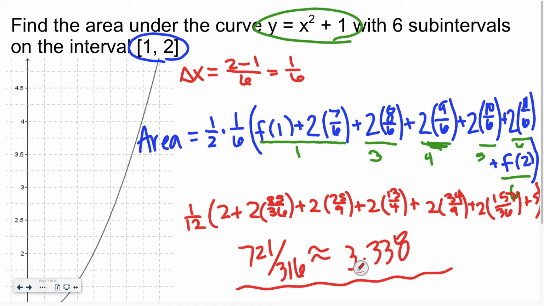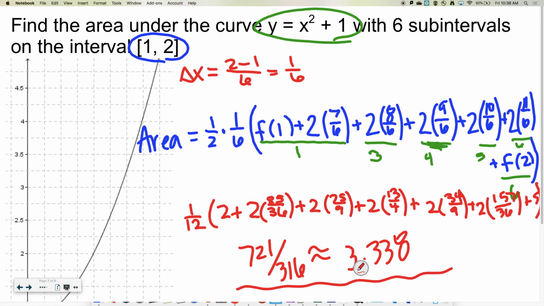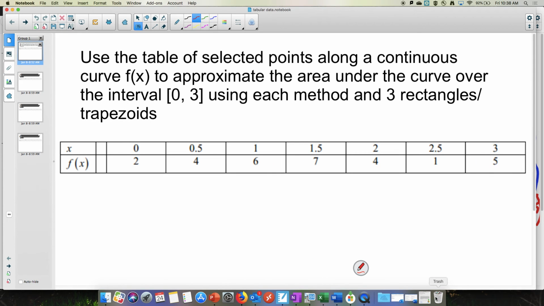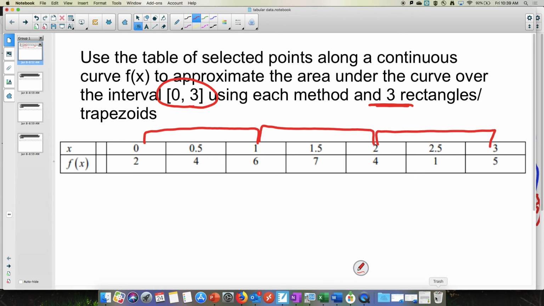Okay? But I want you to turn it over to the back once you have it the way that you want it to look. And I want you to look at number 5. I'm asking you to find the approximation from a table of values. This actually makes it easier, but this is what I would encourage you to do. Look up here at this example. I have an interval from 0 to 3, and I'm asking for 3 rectangles. So I would visually draw out where those rectangles are. I'd have a rectangle from 0 to 1, from 1 to 2, and from 2 to 3.